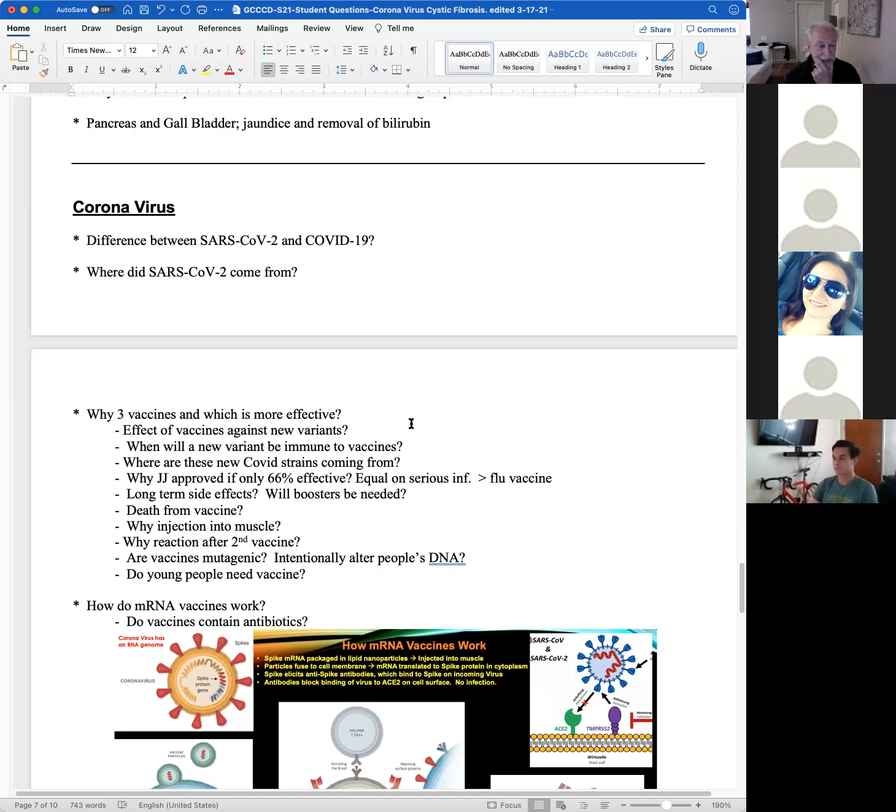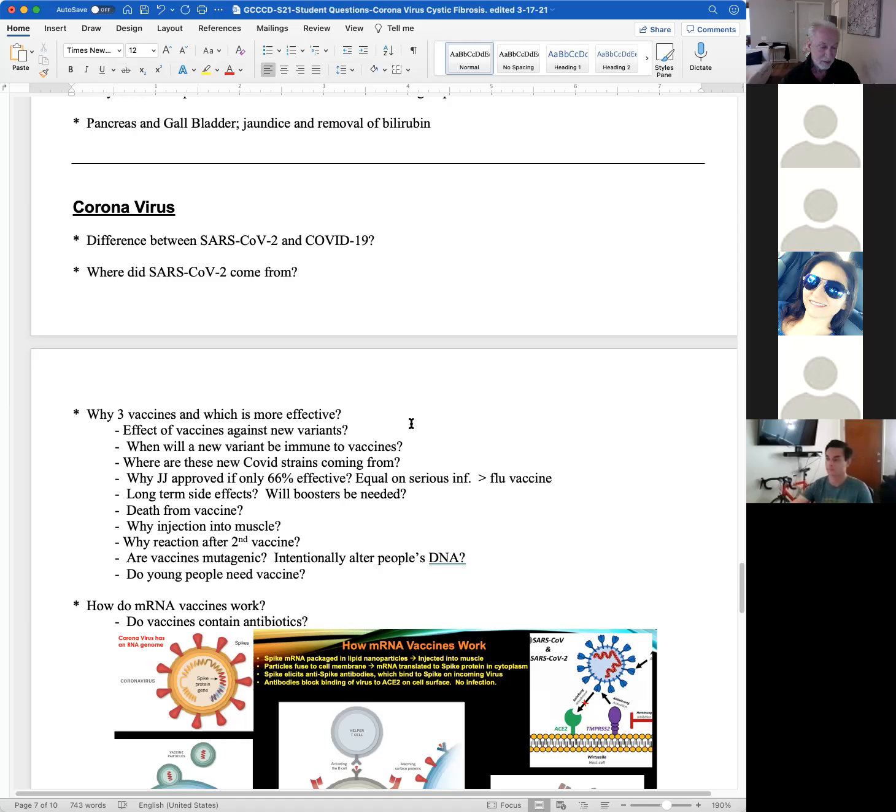Some people asked about why there can be a reaction, in some cases a severe reaction, to the second shot. I actually experienced that myself. And it's my understanding that with the Moderna vaccine, which is the one I had, they've included an adjuvant in the vaccine, which stimulates the immune system.